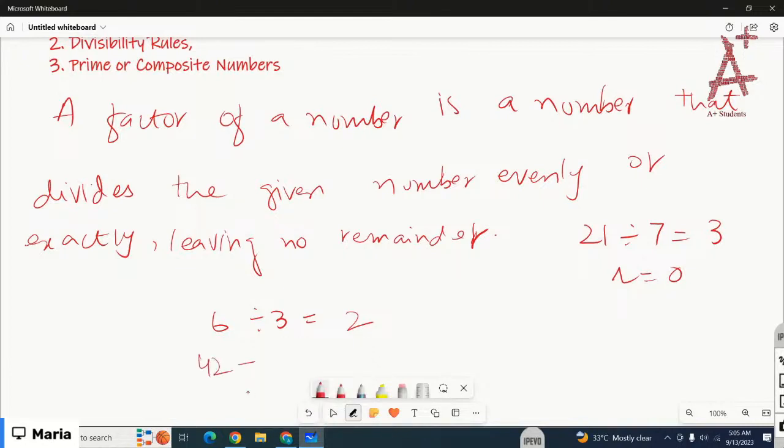Okay, 42 divided by 5. 5 times 8 is 40 and you have a remainder of 2, right? That means 5 is not a factor of 42, right? So 5 is not a factor of 42.